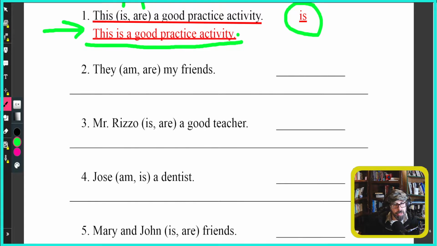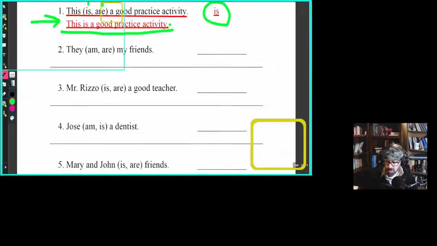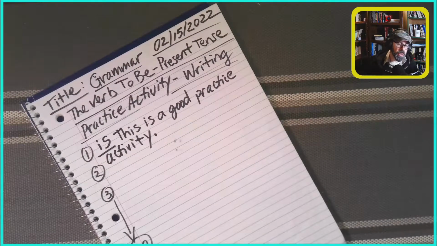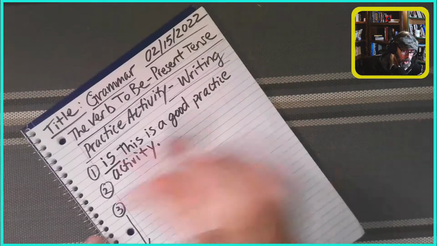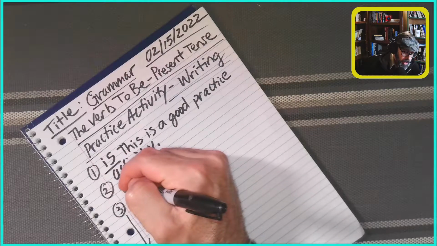They am or they are my friends. Am or are, which is correct? Let's write the correct answer, am or are, for number 2. What do you think? What did you write for number 2?